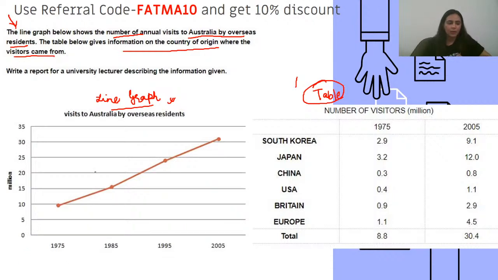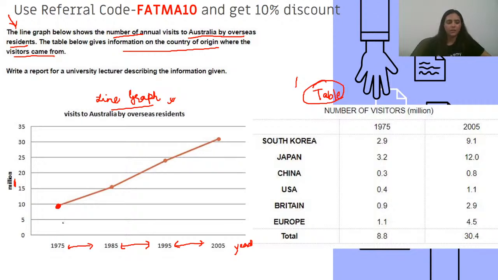Now if you talk about the line graph, here I can see millions and here years are mentioned. It's a span of I think 10 years, so ideally it's a decade, isn't it? So we have to have an observation of an overall trend. Overall, in 1975 it was around 10 million.